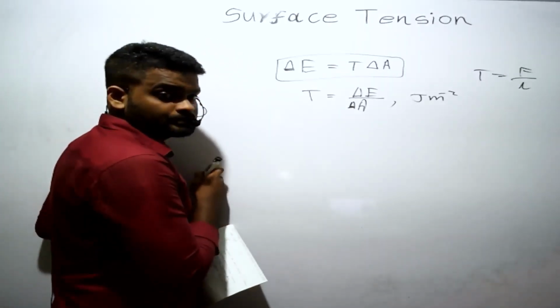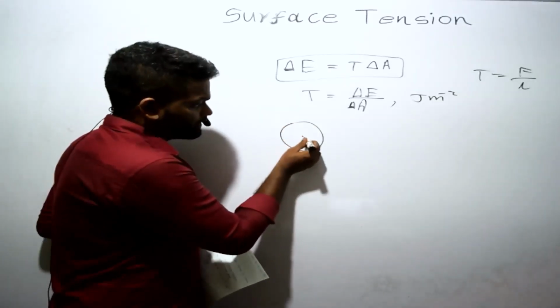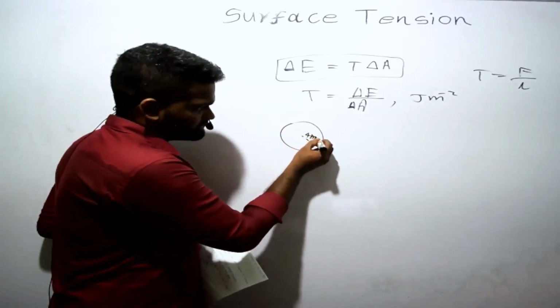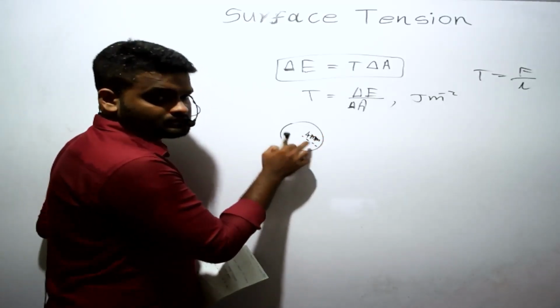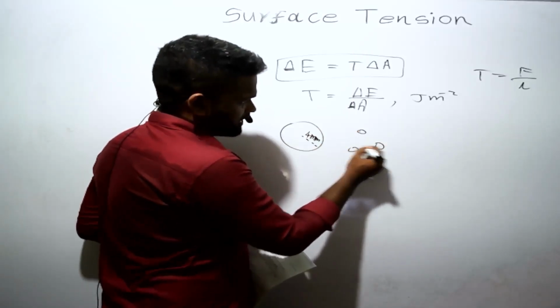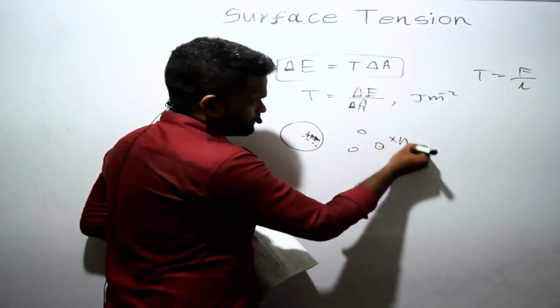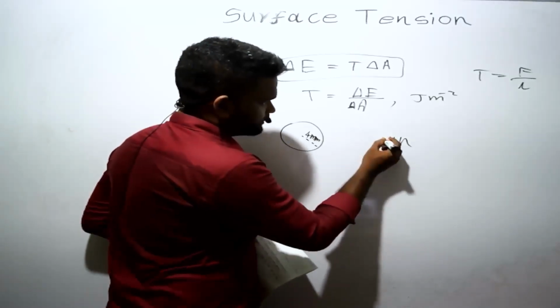So what do we do? Listen, you have a 4 millimeter water drop. You can try these questions again later. Then you break it into 1 millimeter water drops. But you don't know how many water drops. Actually, you can calculate that.